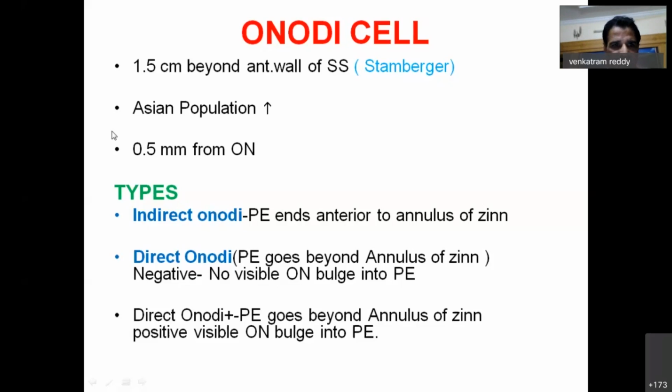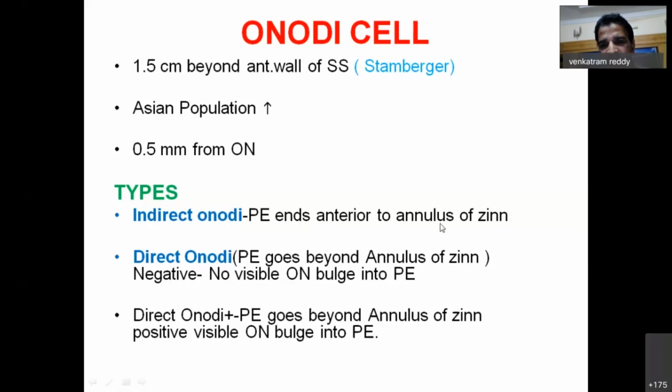Coming to types of Onodi cell. The Onodi cells have been described, as per their importance to the endoscopic sinus surgeon, as indirect Onodi and direct Onodi. What do you mean by indirect Onodi? The indirect Onodi is a posterior ethmoidal cell which ends anterior to the annulus of Zinn.